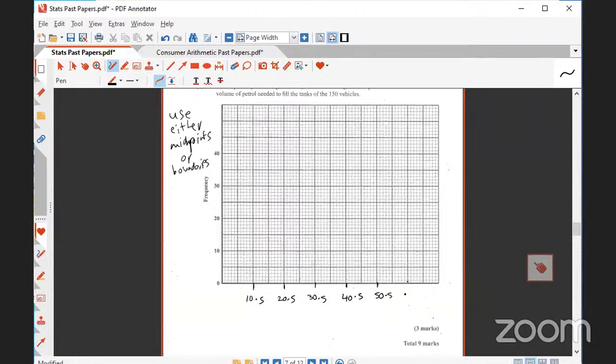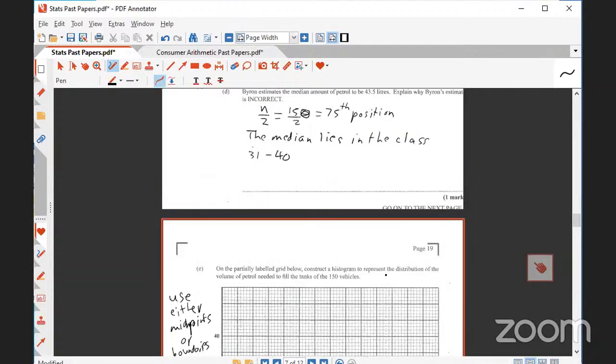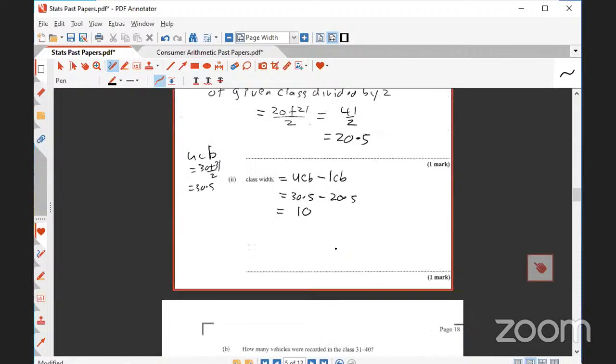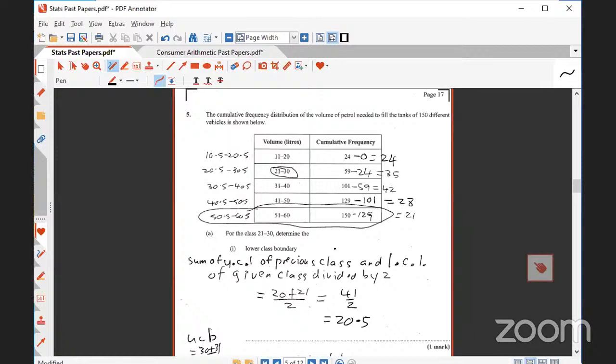And then 50.5, 60.5. Remember that a histogram basically looks like a bar chart, except that it has to be joined together. So the first one is 24, then we have 35, 42, 28, 21.